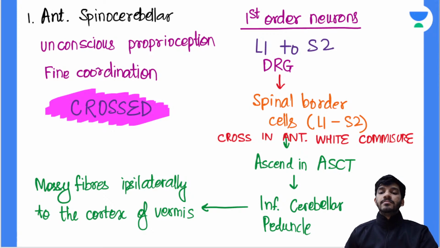Then these axons will enter the cerebellum via the superior cerebellar peduncle contralaterally. They will terminate via the superior cerebellar peduncle. Okay, so please write here.